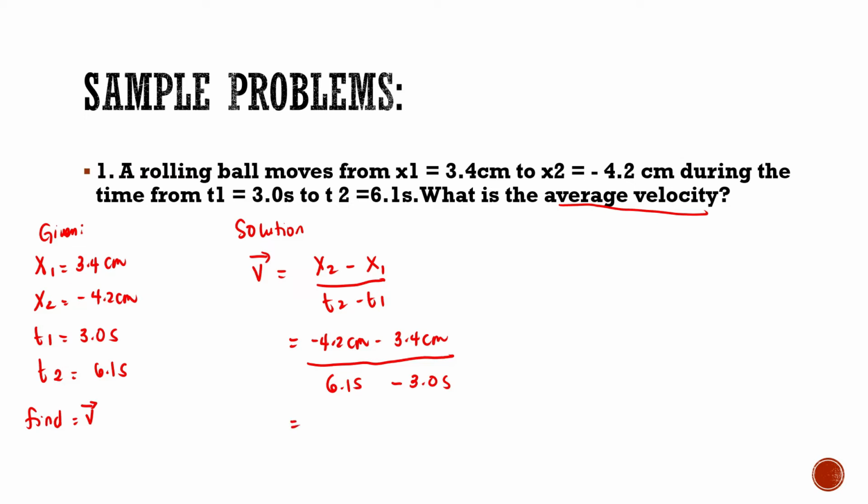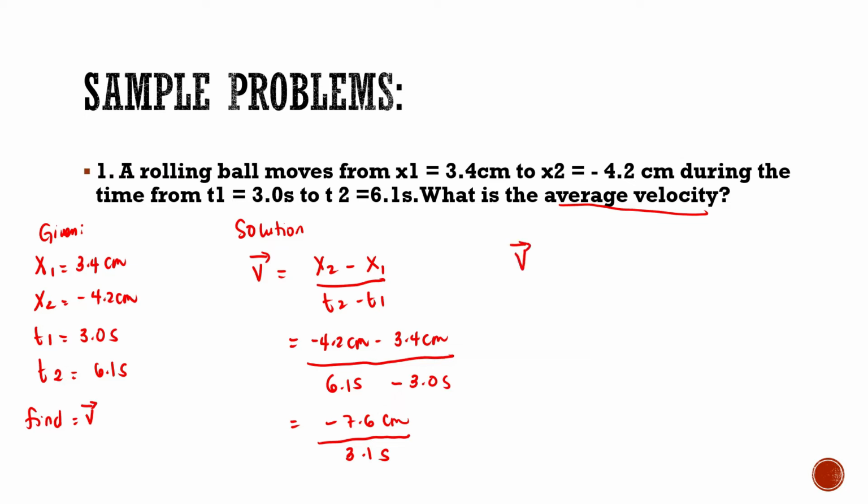So let's simplify. Negative 4.2 minus 3.4, we have negative 7.6 centimeters divided by 6.1 minus 3, we have 3.1 seconds. So we simplify so that we can get the velocity.